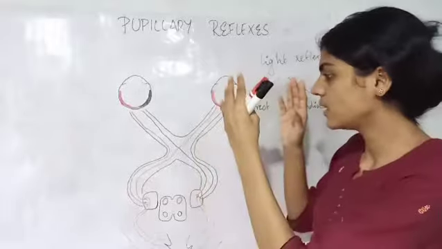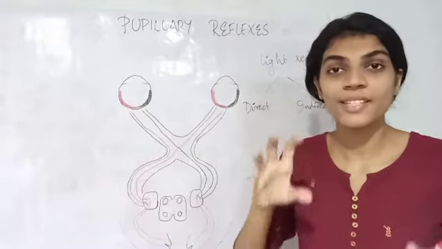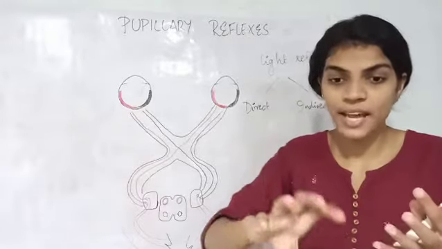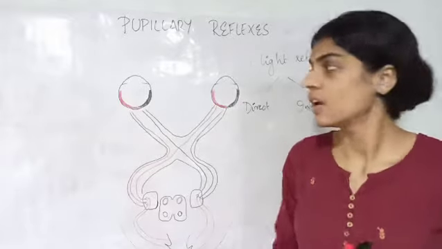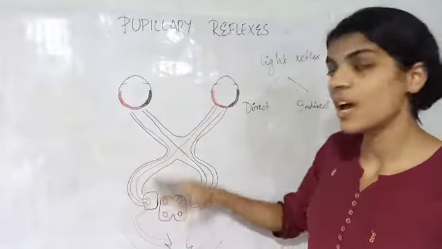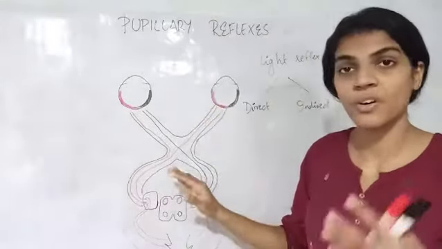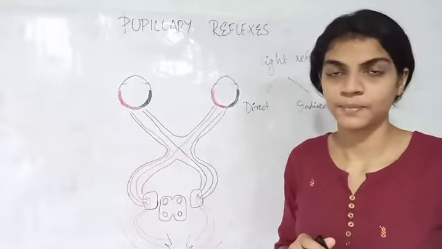Now we are going to see how this light reflex is conveyed and processed in your brain. This also occurs through the same optical tract.